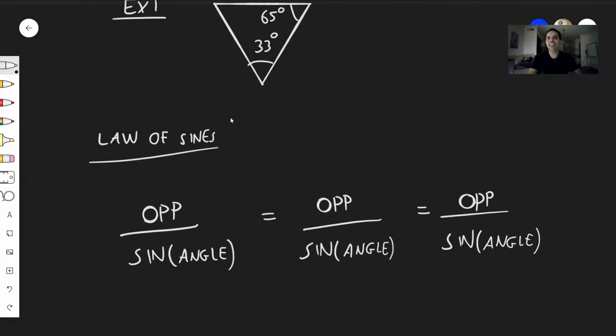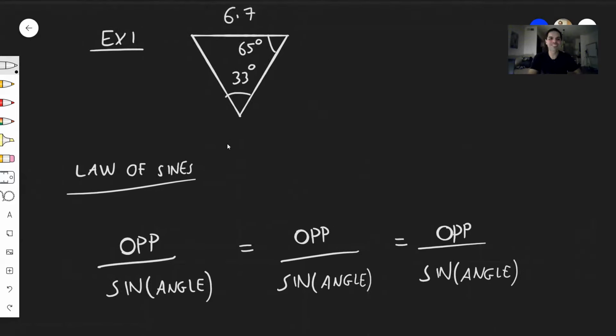The reason I write it this way is, whenever you take an angle, then the opposite side divided by the sine of this angle equals, for the other angle, opposite side divided by sine of this angle, which equals, for the third angle, opposite side divided by sine of the third angle.